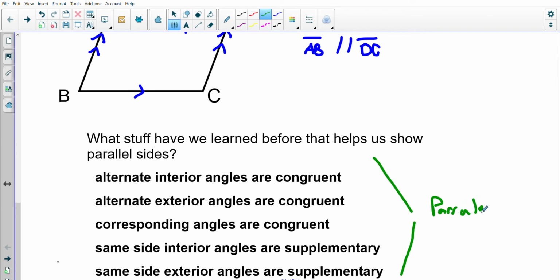I'm going to do the best I can with my penmanship here. Those are the 5 ways that we talked about. I don't even remember what module it's in, but it was a little ways back. That's some stuff we may be using throughout these types of problems to show that we're working with parallel lines.